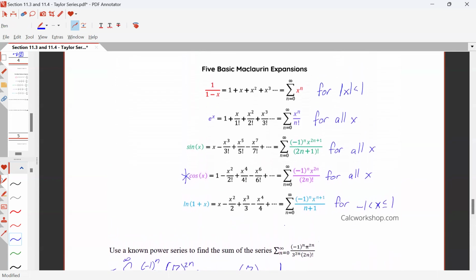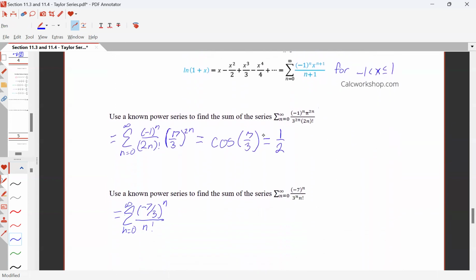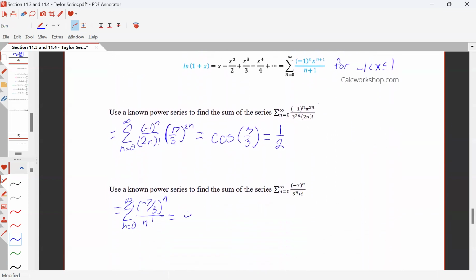Looking at our known series list, that looks like e to the x, some number to the n over n factorial. So this is equal to e to the negative 7/3. So we can use these known power series to evaluate some series if they are matching the correct form.